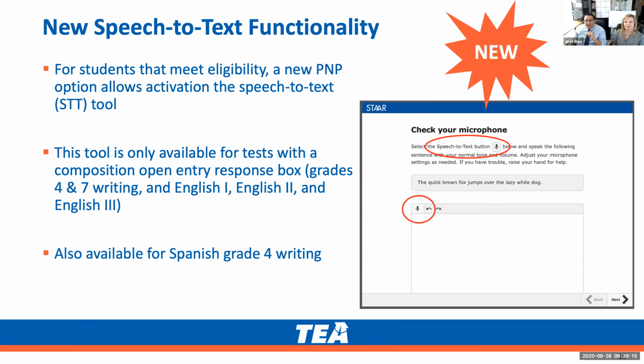So every test that has a writing component, including Spanish 7, English writing, English 1, 2, and 3, when there's an essay that requires an open-ended response, you will see this feature, if it's turned on, of course. The icon, you can see it is a microphone.